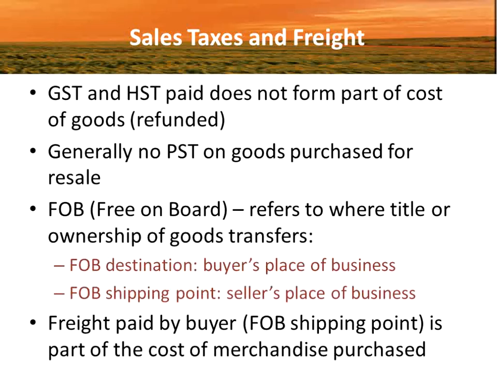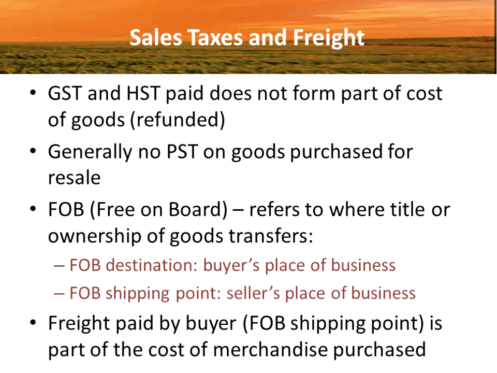So if Staples is buying pens from Bic Pens, FOB destination, all the while that those pens are being shipped from the manufacturer until they reach the place of business, the Staples warehouse, that's when the title, or ownership, of the goods transfers.